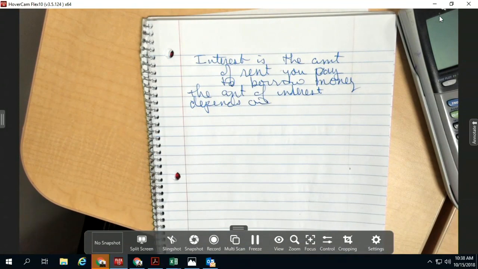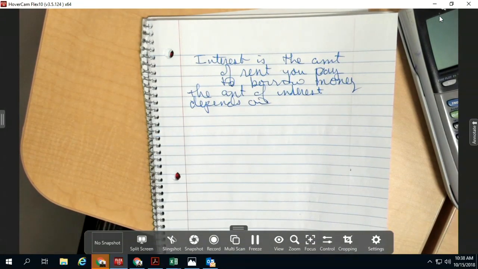three things. So I just got my bill, and my interest that I have to pay is $42,000. What three things is it based on? The amount of time that you borrow it.